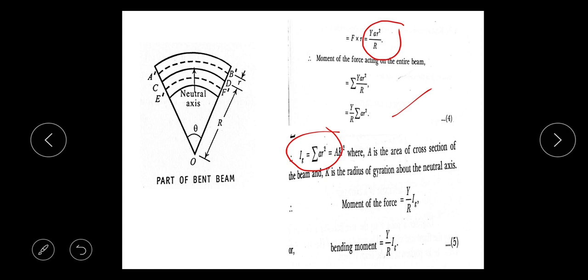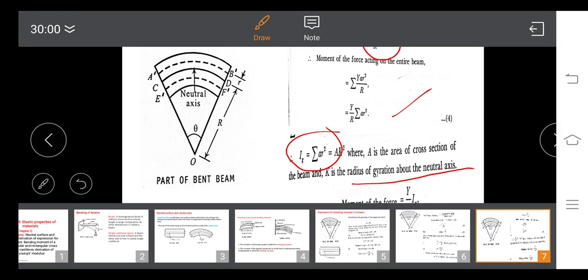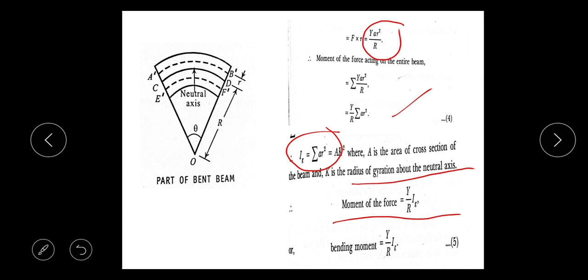K is the radius of gyration about the neutral axis. So moment of force is equal to Y by R, and instead of summation of A r square, we write that as Ig. Moment of force is also called the bending moment. So we rewrite that as bending moment is equal to Y by R of Ig.